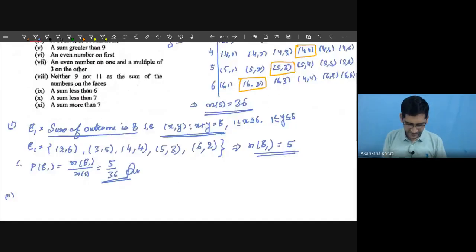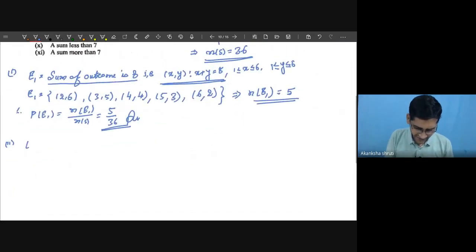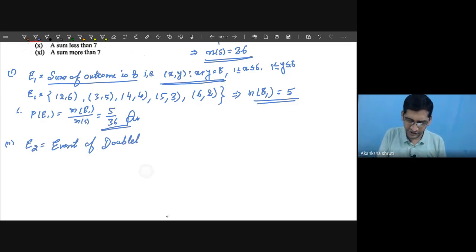So let us go for the second one, event of doublets. It was asked in your examination. It means, I need to try to write it in mathematical form also. So x and x, this pair, such that, write the comma, both are x, the same number.